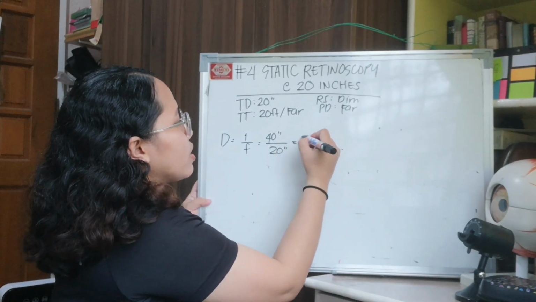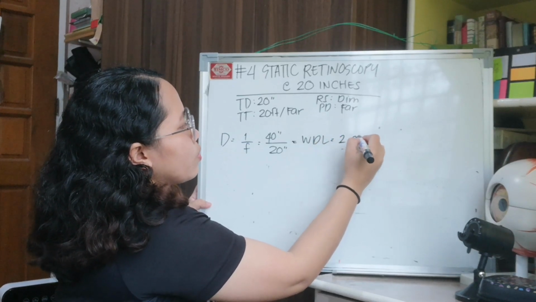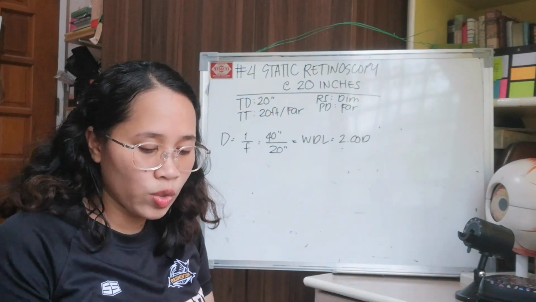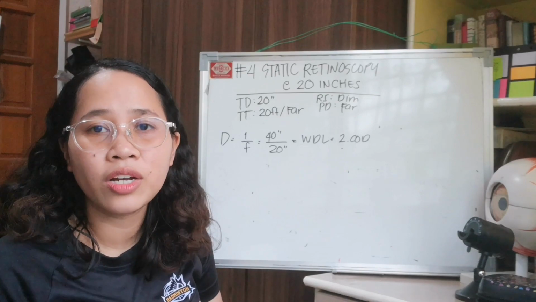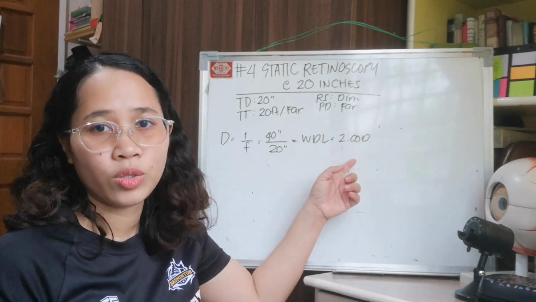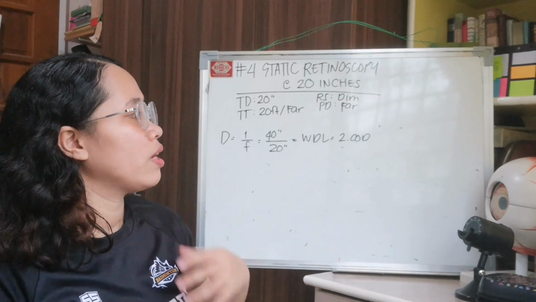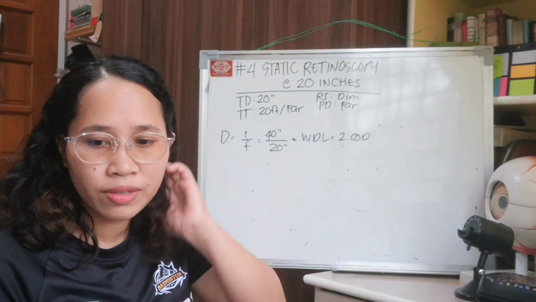So the working distance lens now is 2 diopters. So in retinoscopy, you can start either plano or with plus 2 or minus 2. It depends on the reflex movement.